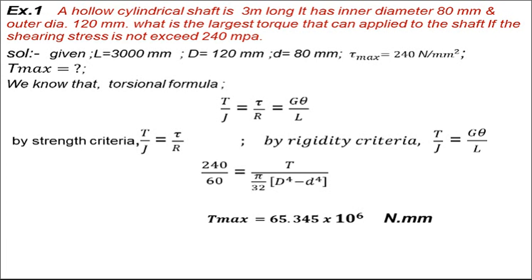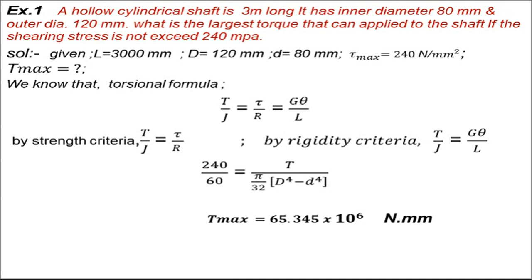So by dividing this equation, firstly the strength criterion: T by J is equal to tau by R, and by the rigidity criterion: T upon J is equal to G theta divided by L. To find the largest or maximum torque, we will get it from the strength criterion equation. So let us take that strength criterion.